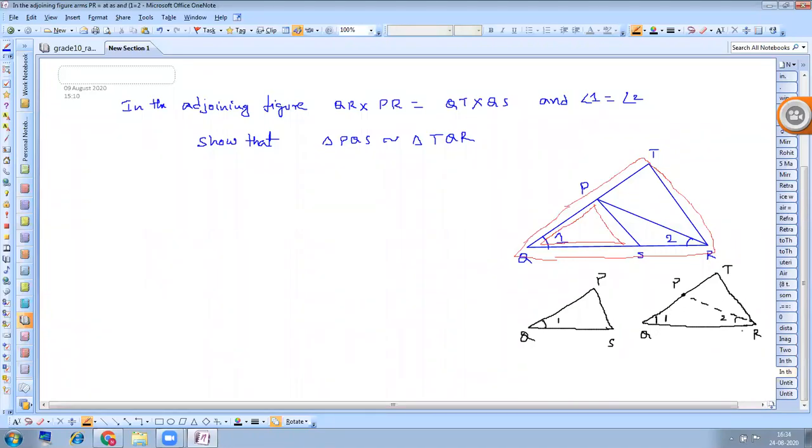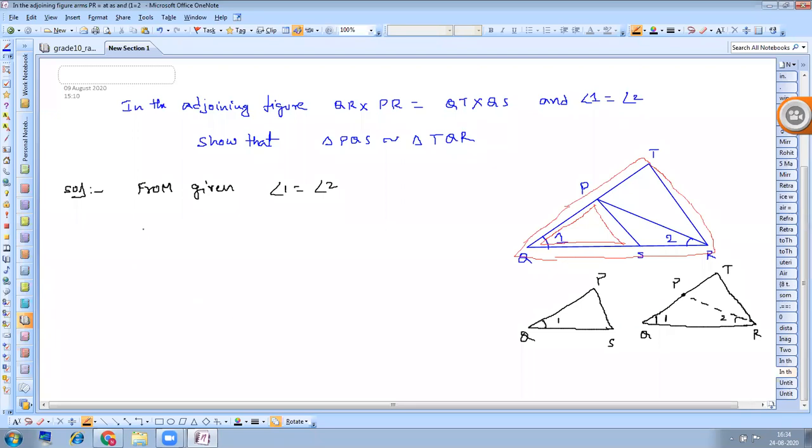PQR is an isosceles triangle. PQR is an isosceles triangle. Am I right? Yes, sir. So now see here, from the given, angle 1 is equal to angle 2. Am I right?